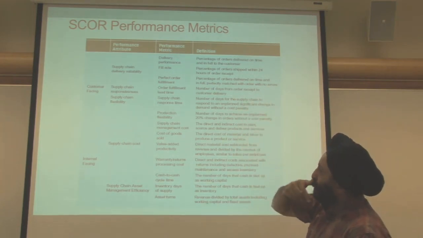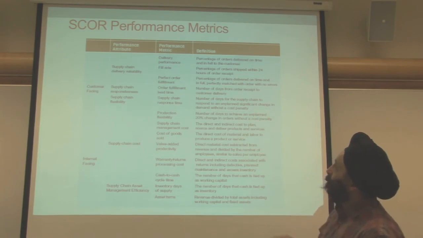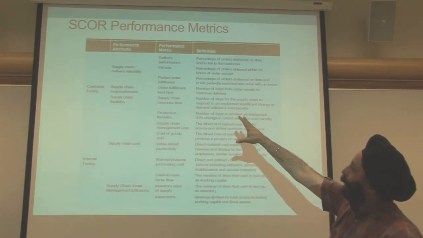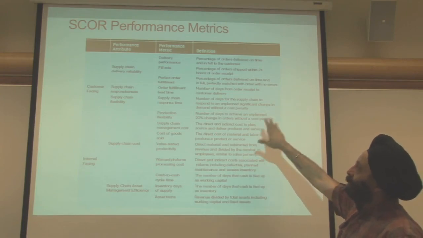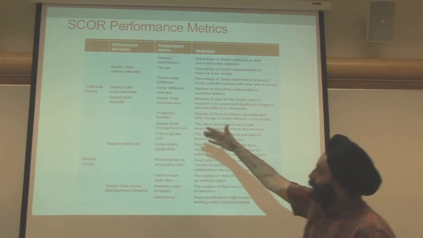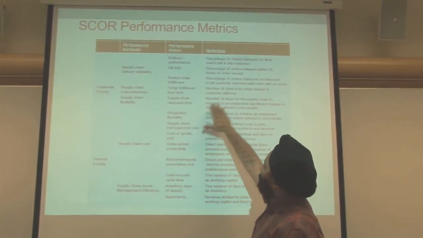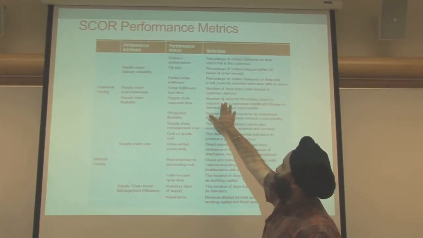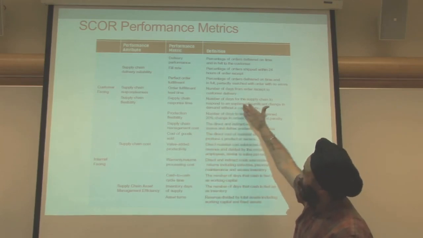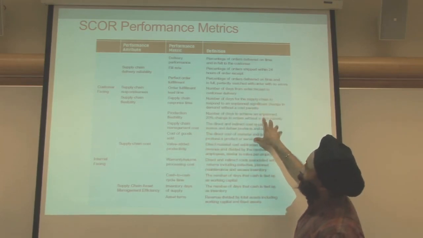Another metric that can be used is fill rate, the percentage of orders shipped within 24 hours of order receipt. Perfect order fulfillment is the percentage of orders delivered on time and in full, perfectly matched with the order and no errors. Similarly, there is supply chain responsiveness, the number of days from order receipt to customer delivery, or supply chain response time. Again, you can see these are all related to customers.